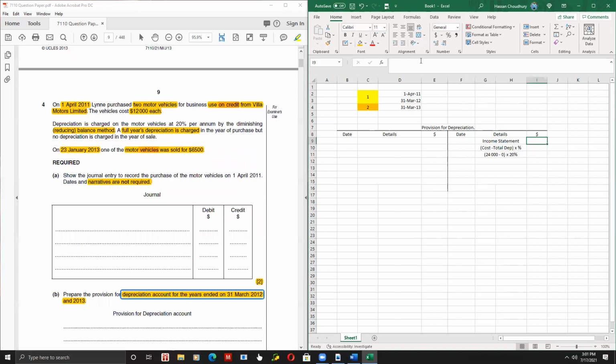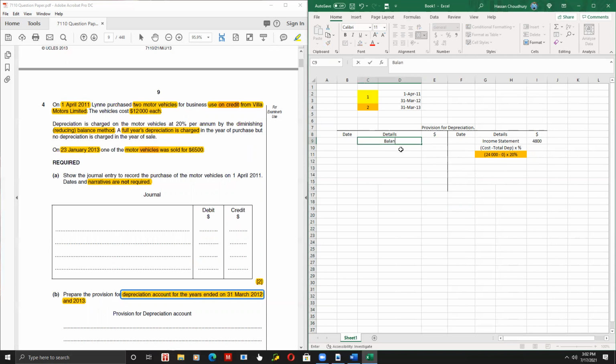So my first year's figure is this formula over here. What I got is 24,000 into 20%, which is 4,800. So 4,800 is my income statement. Do I have anything here? Nope.